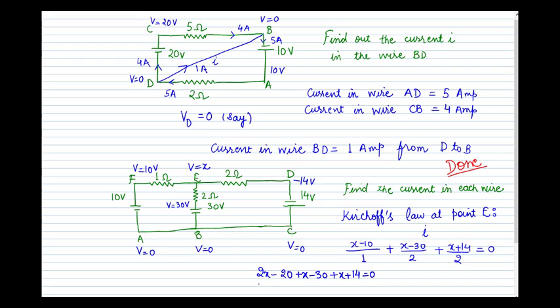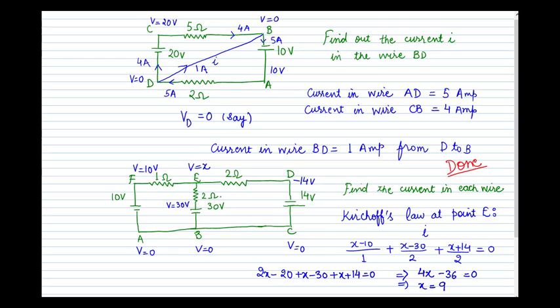So if you do the total, that is 2X plus X plus X, so this is total 4X. And this is minus 20, minus 30 and plus 14. So minus 50 plus 14 will give you minus 36. It's equal to 0, or you get the value of X is equal to 36 upon 4, that is 9. So we get the value of X equals 9.